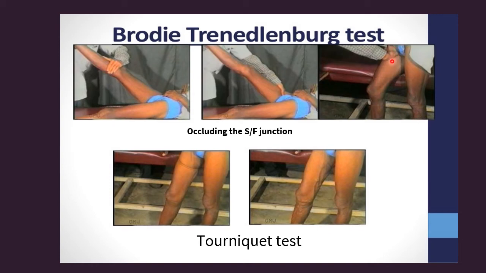If it does not fill from above, then the SF junction is at fault, is incompetent. This is a tourniquet test where a tourniquet is applied to the upper thigh, and similarly the patient is asked to stand. Filling of the veins from below indicates there are problems of incompetence below the application of the tourniquet.